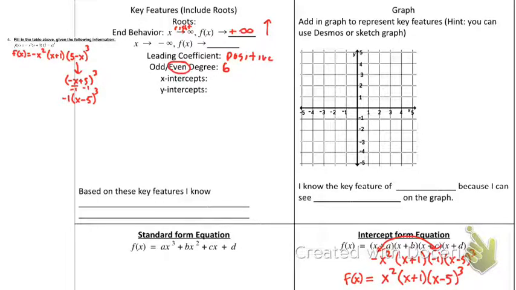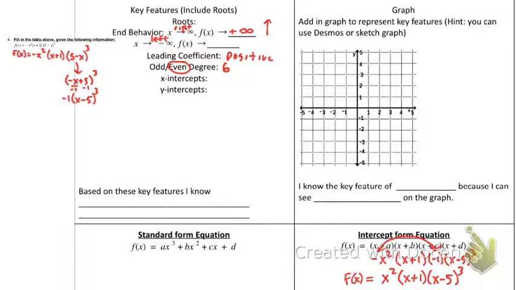But before we put that in stone, let's just make sure it comes out that way in standard form. All right. So we'll get into all the other stuff right now, okay? Because our degree is even, that means we can fill in our left side here.